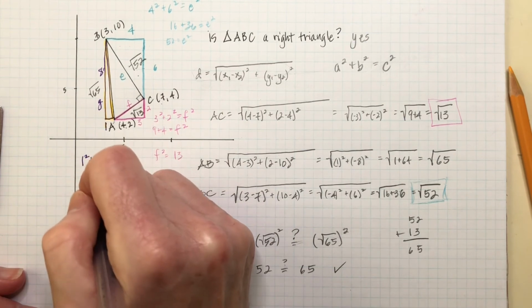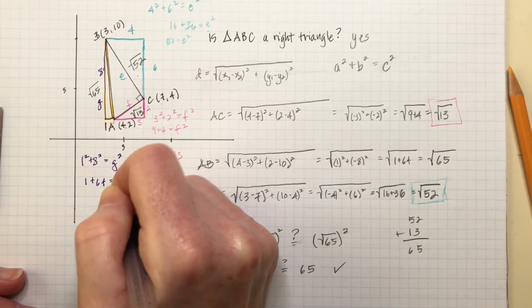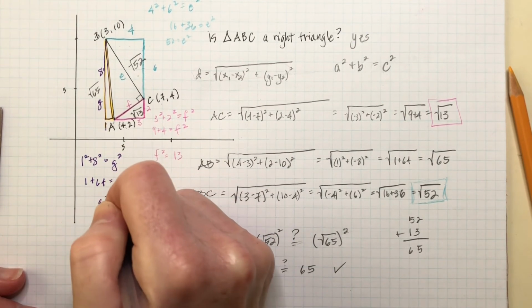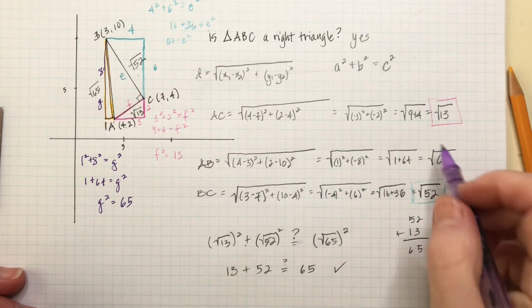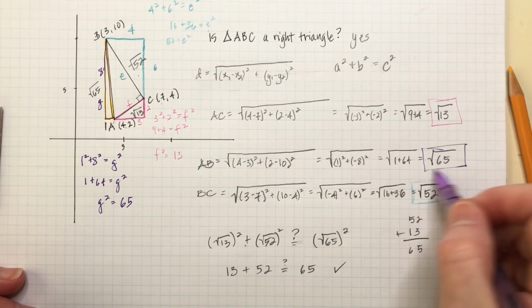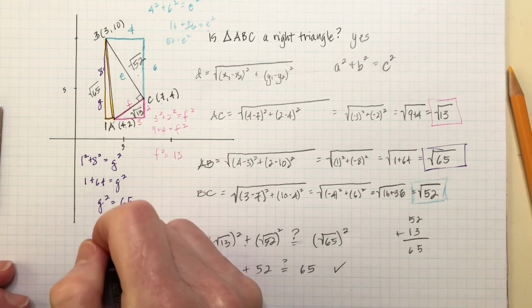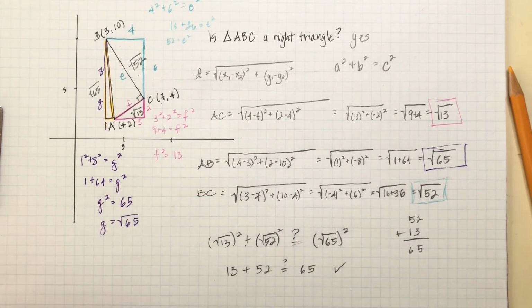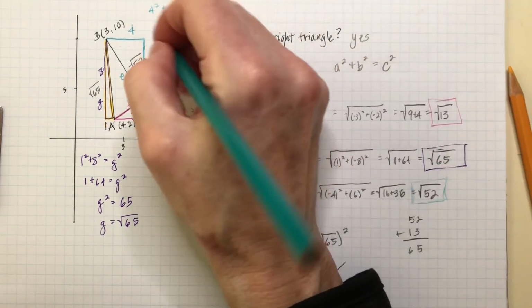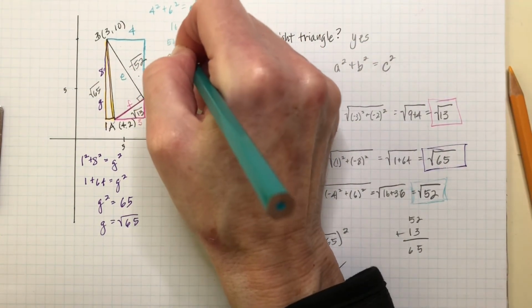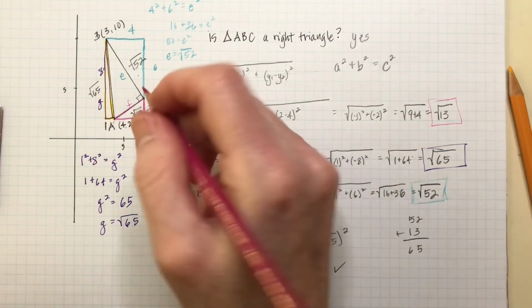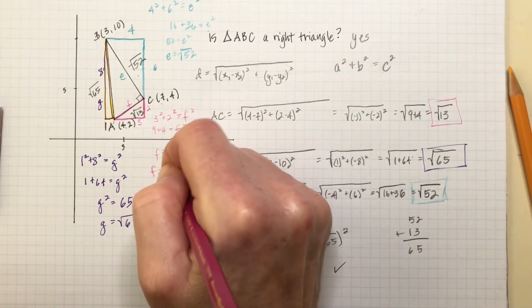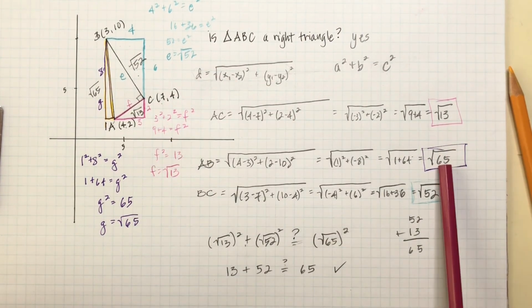So 1 plus 64 equals g squared, and g squared equals 65. And then that's what we have right over here. So if we took the square root of both sides, we'd get g equals the square root of 65. Up here, we'd have e equals the square root of 52. And over here, we'd have f equals the square root of 13. And that is what we got all the way through here.